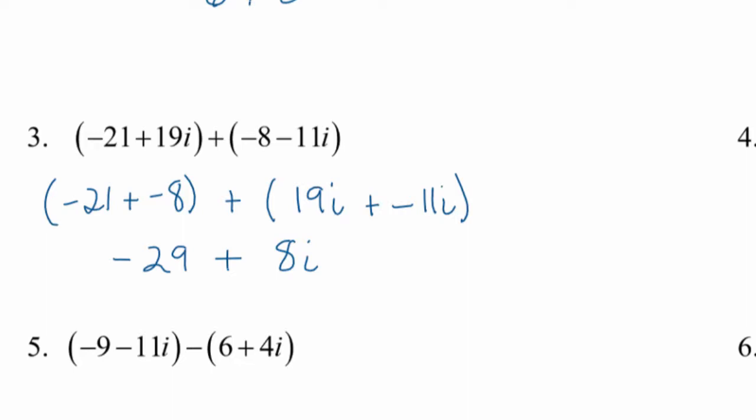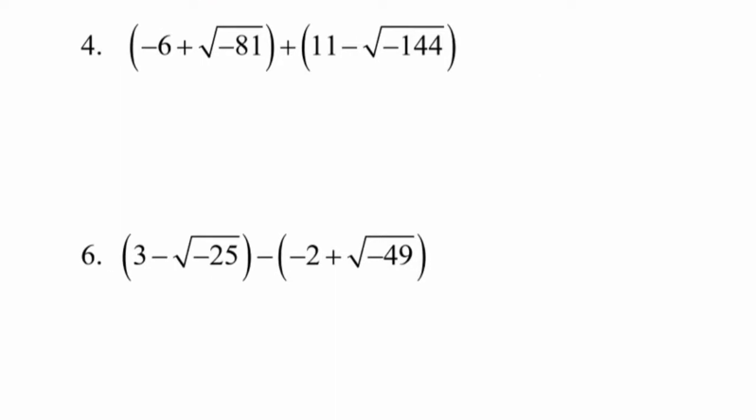We're going over here to number 4. These are complex numbers in the parentheses, but they are not in standard form. So the first step is to get them in standard form. We're going to pull out i's. This is negative 6, and then here we have a plus the square root of 81, which we know is 9, and the square root of negative 1 is i.